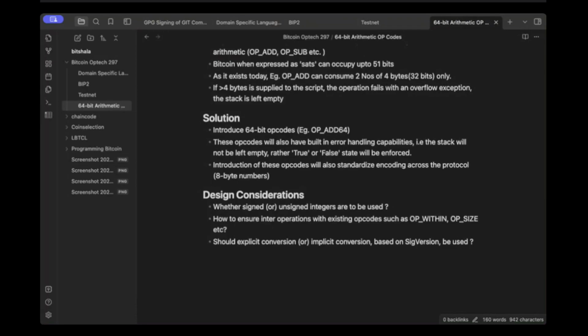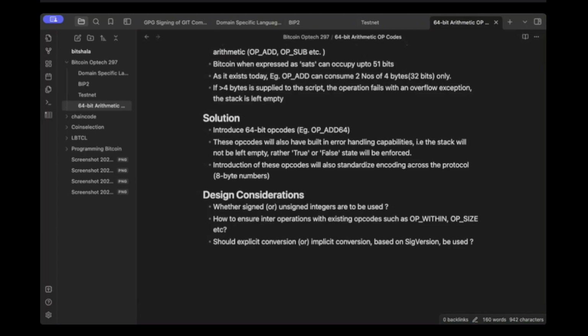So we are planning to give it a specific opcode so that you can send a signal to the script execution that you will be using 64-bit. So that is one thing that is being considered.